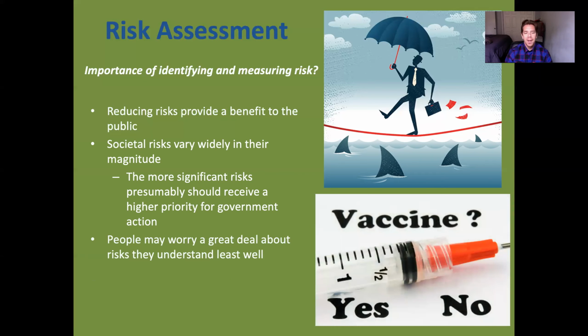Vaccines come up. Many people worry about the negative impacts from vaccines. Measles vaccines has popped up a lot in terms of whether people should be required to vaccinate. Many people feel that they shouldn't be required because vaccination poses particular risks. The thing is, science doesn't support this.